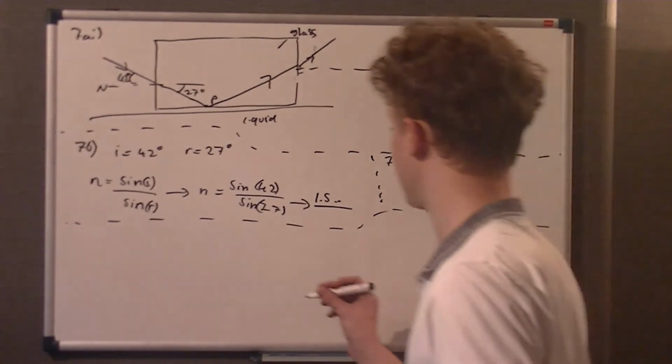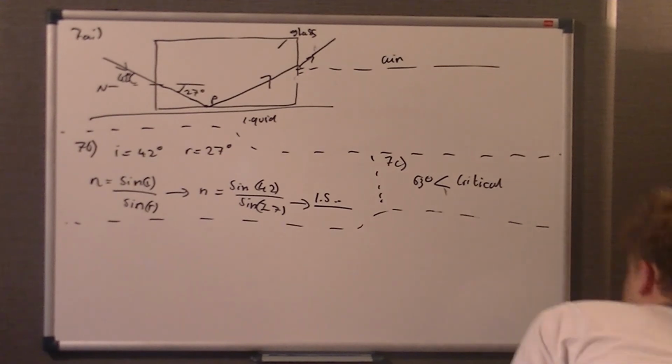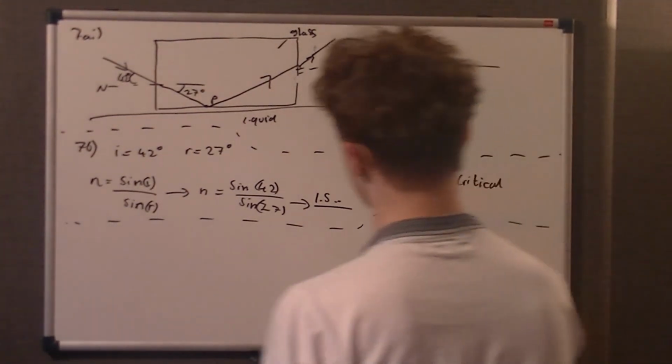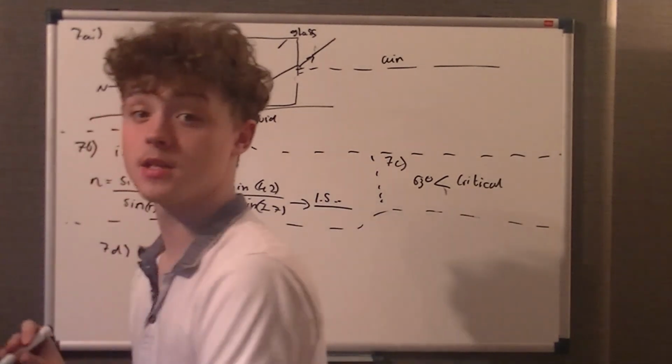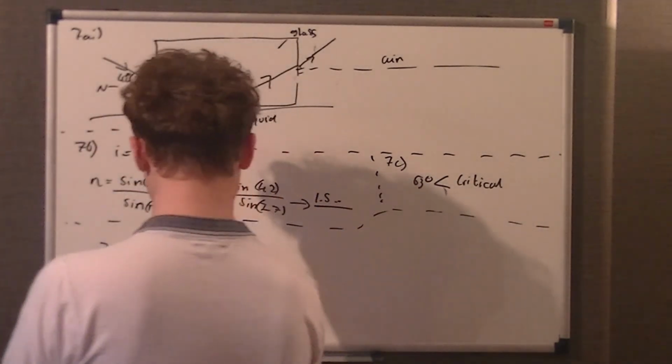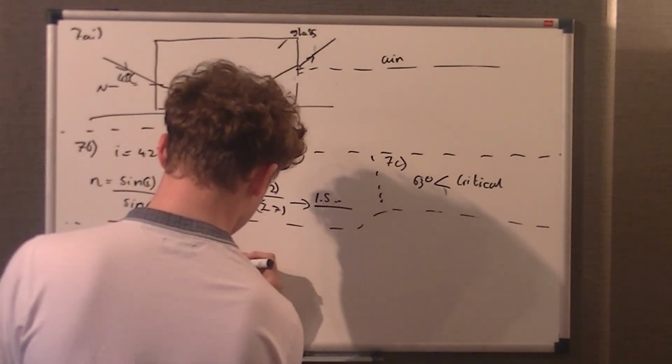Yeah, so critical angle, what was it? Asking for the refractive index. So sin I over sin R, 7D. So n is equal to sin I over sin R. Snell's law, sin I over sin R.